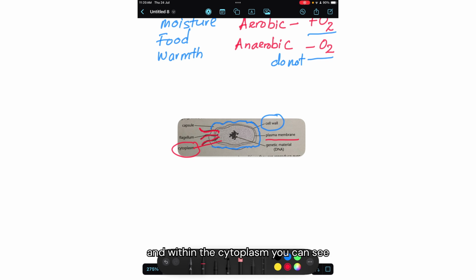Within the cytoplasm you can see the genetic material. From outside to inside: capsule, cell wall, plasma membrane, cytoplasm, then genetic material or DNA. The structure coming out from the cytoplasm to the outer surface is called a flagellum.